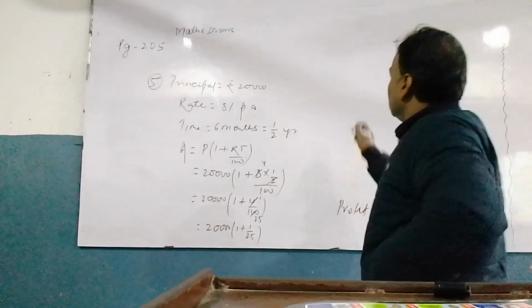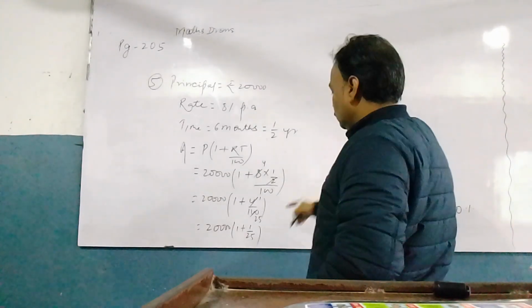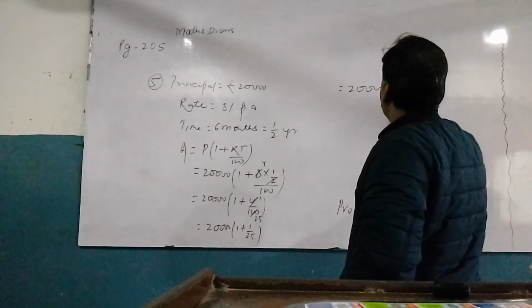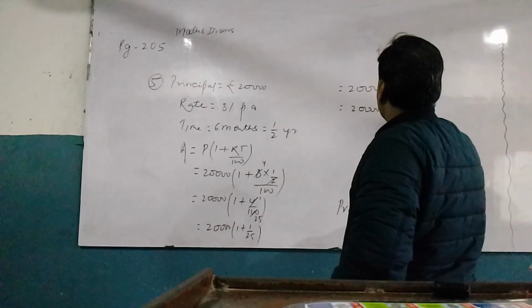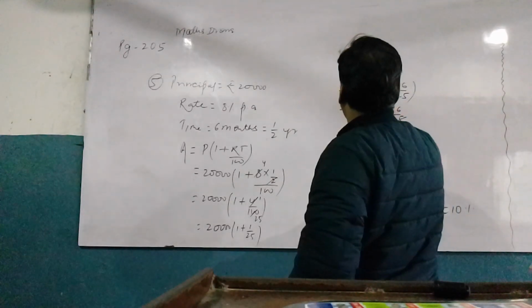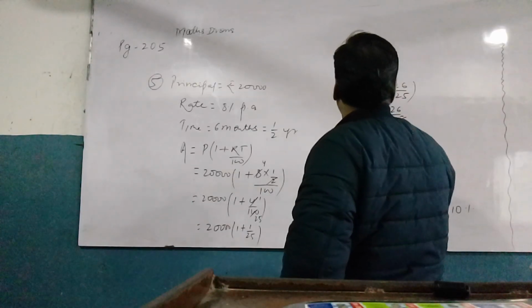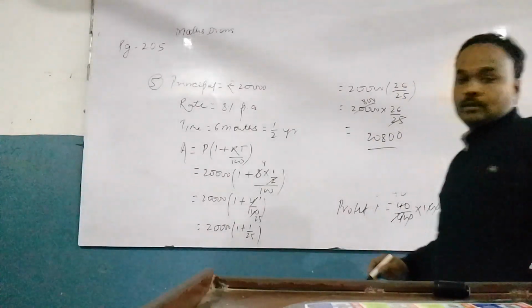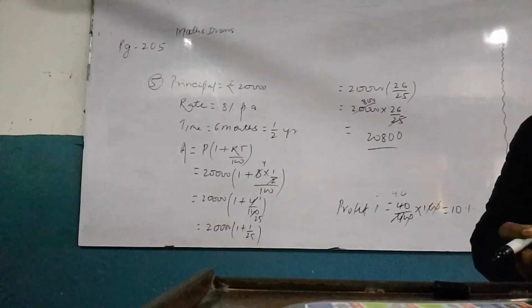So this is equal to 20,000 into 26 by 25. Calculating, it is 20,800.